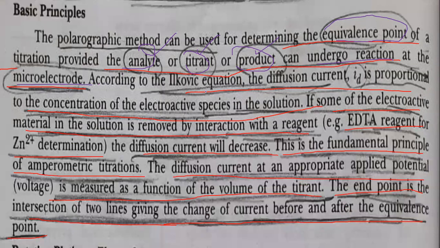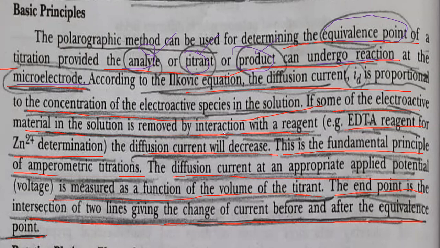According to the Ilkovic equation, the diffusion current ID is proportional to the concentration of electroactive species present in the solution. If some of the electroactive material in the solution is removed by interaction with the reagent, the diffusion current will decrease. This is the fundamental principle of amperometric titration.